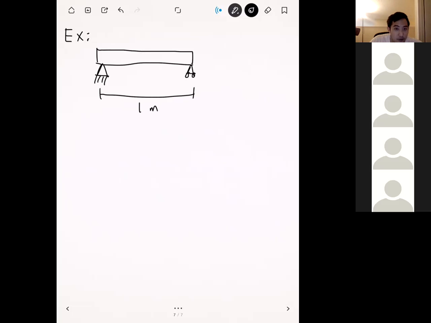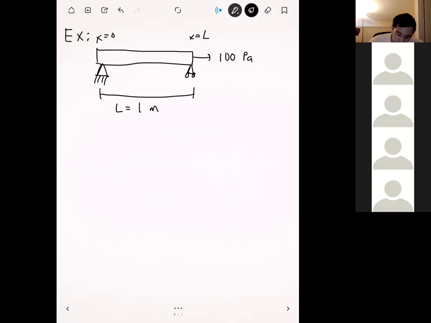We'll say the length of the truss element is 1 meter. On the right-hand side, we're going to pull it with a stress of 100 pascals. Let's define x equal to 0 on this side, and x equal to L on that side, where L is equal to 1.